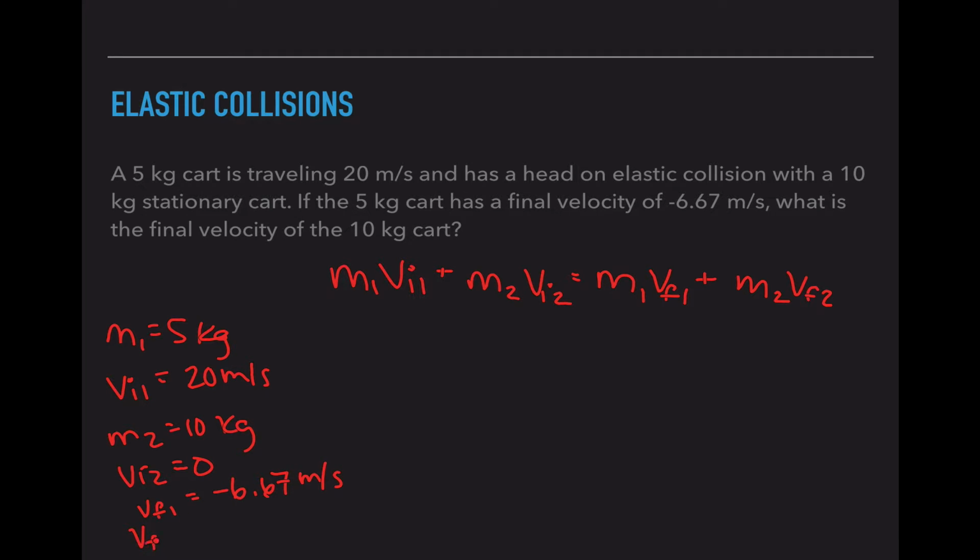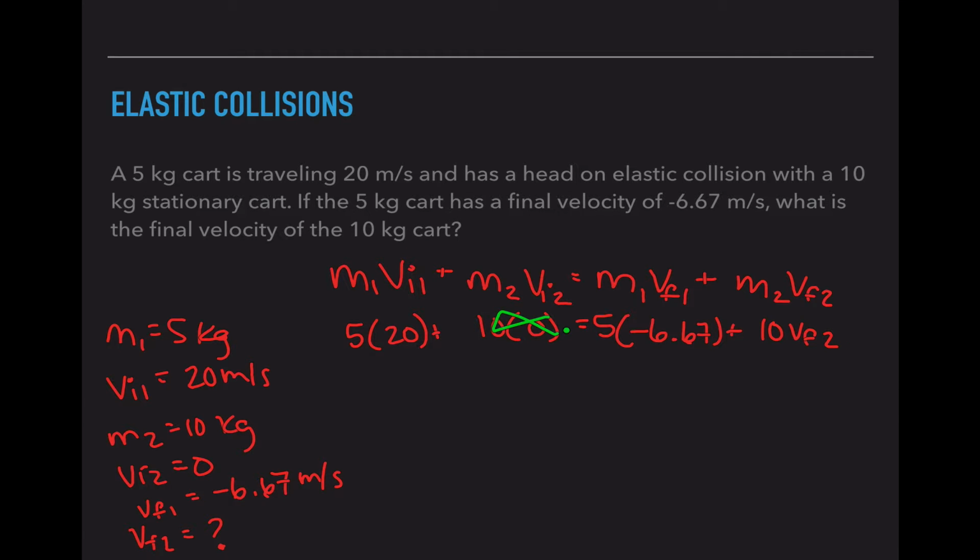And VF2 is our question mark. So right now we have every single variable except VF2. So we have 5 times 20 plus 10 times 0 equals 5 times negative 6.67 plus 10 VF2.